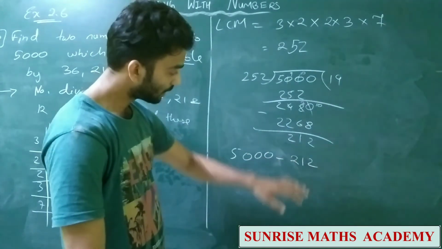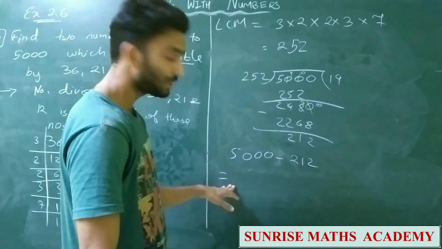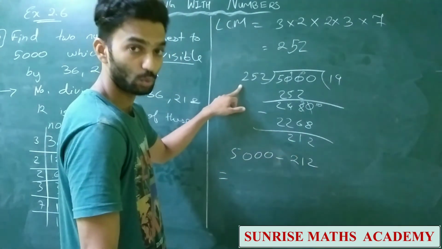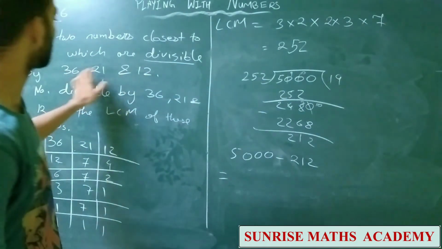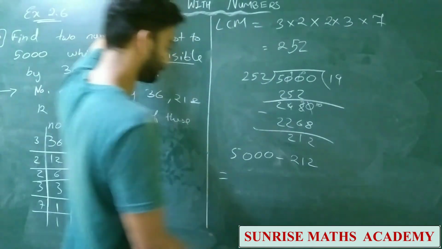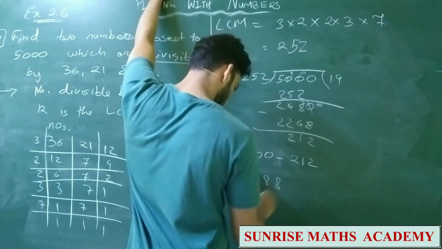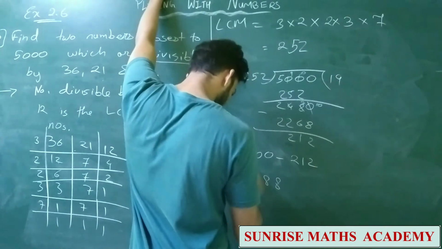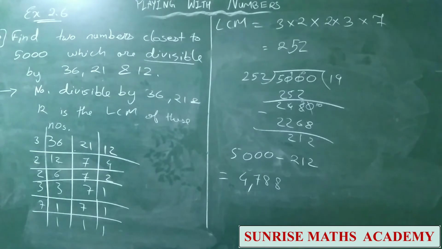Now when you subtract 212, the number that you get is the number which is divisible by 252. Since it is divisible by 252, which is the LCM of 36, 21 and 12, that number is also divisible by 36, 21 and 12. 4788 is the number which is divisible by 36, 21 and 12 and also divisible by 252.